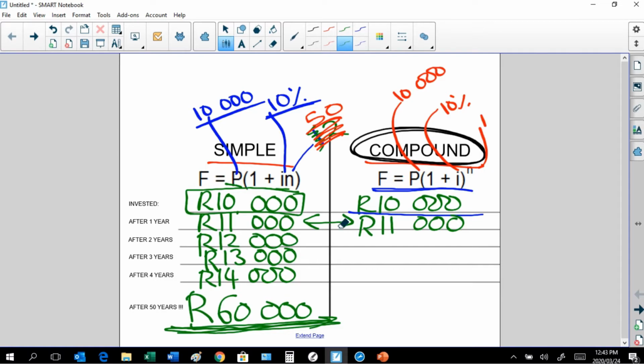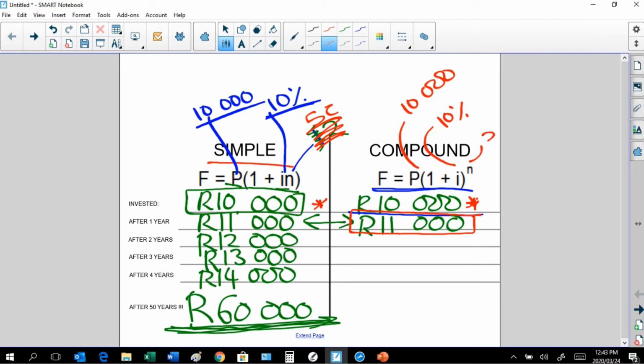But now, with compound interest, the next year, they're not going to give you 10% of 10,000 like they did with the simple interest. They're going to give you 10% of the 11,000. So obviously your money is going to grow a little bit more. Your N is now going to be 2.